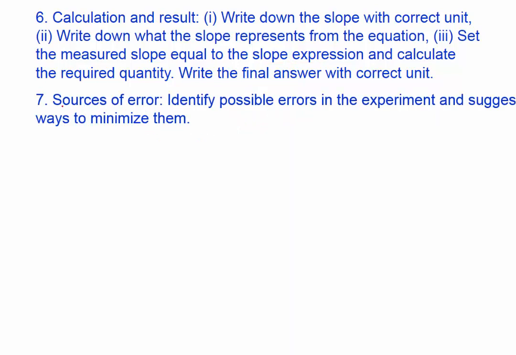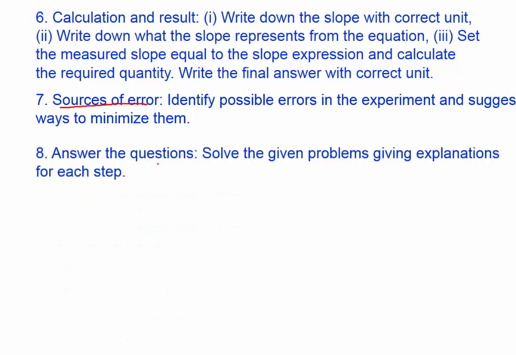The next item in the report is sources of error. Identify some of the possible errors in the experiment and tell me the possible ways of minimizing those errors. And finally, every lab comes with a set of questions, and they will be mostly problem solving, and you need to solve the given problems giving all explanations for each step.